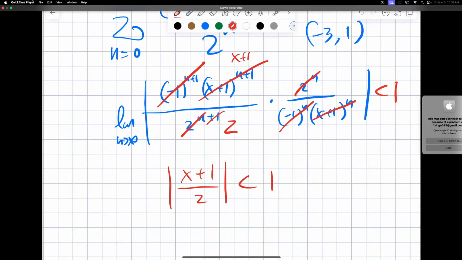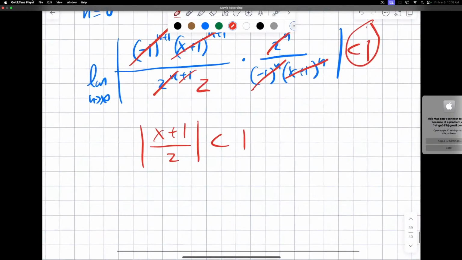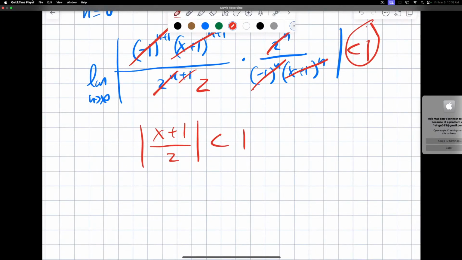Did you forget about the other side? Because the whole thing has to be less than 1 in order to converge. Can I multiply 2 on both sides? Yeah, absolutely, because 2 is positive. So it'll be 1/2 of (x plus 1) less than 1, and then x plus 1 is less than 2.